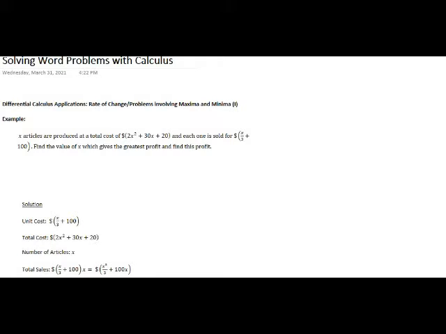Now, maybe to the layman, this might not even look like a difficult question or a calculus question. But the key point here is that they asked us for the greatest profit. And these costs were given as relations, which can be drawn as curves or lines on a graph sheet.